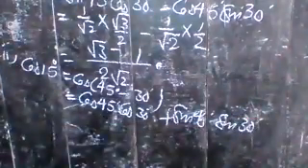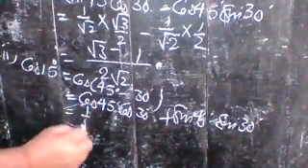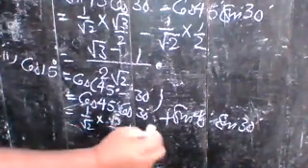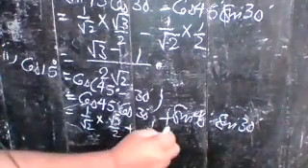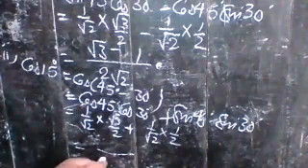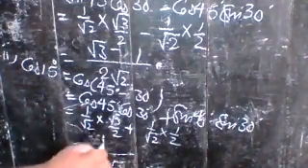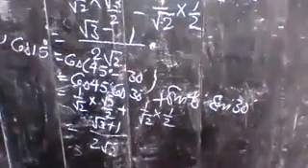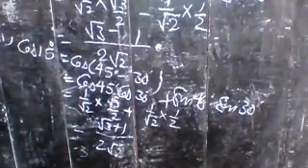So 1 by root 2 into root 3 by 2 plus 1 by root 2 into 1 by 2. Taking LCM 2 root 2, you have root 3 plus 1. So its value is root 3 plus 1 upon 2 root 2.